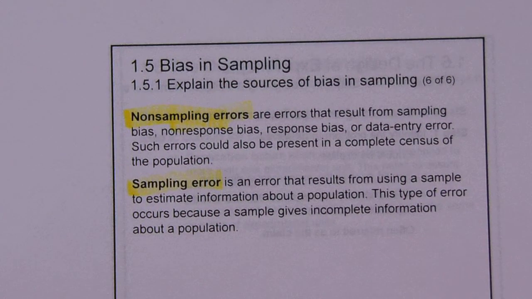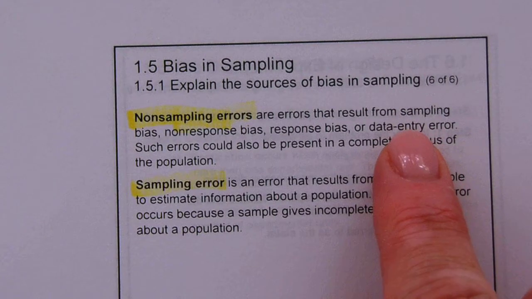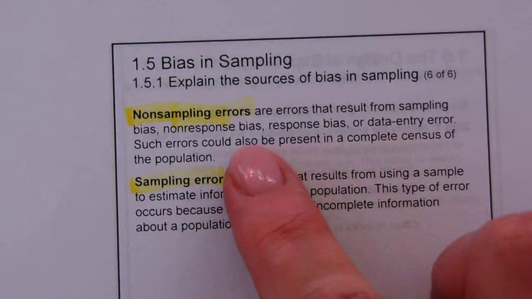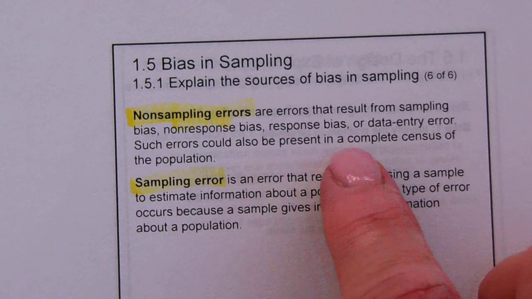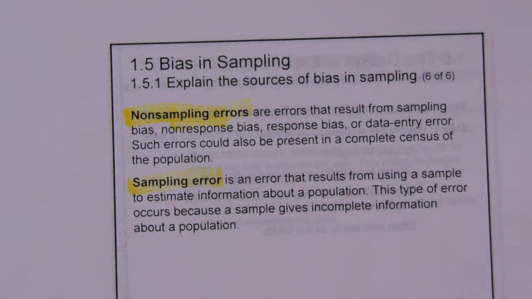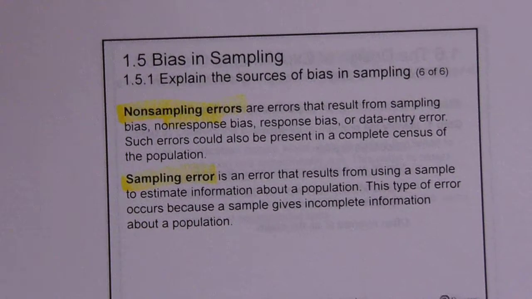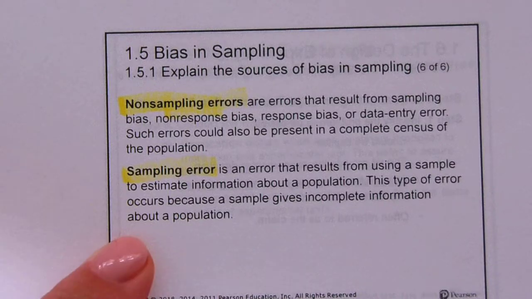So non-sampling errors are a result of sampling bias, non-response bias, response bias, or data entry error, okay? And then a sampling error is one that is because of the way you chose your sample, okay? And it doesn't give a representation of the entire population.